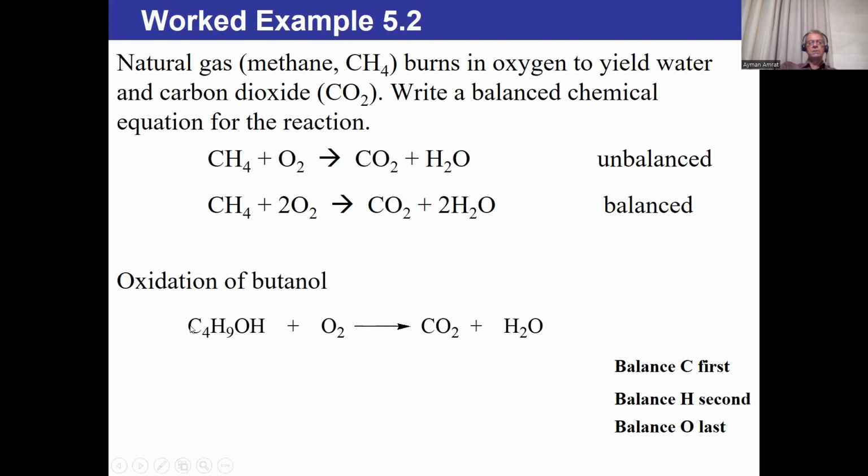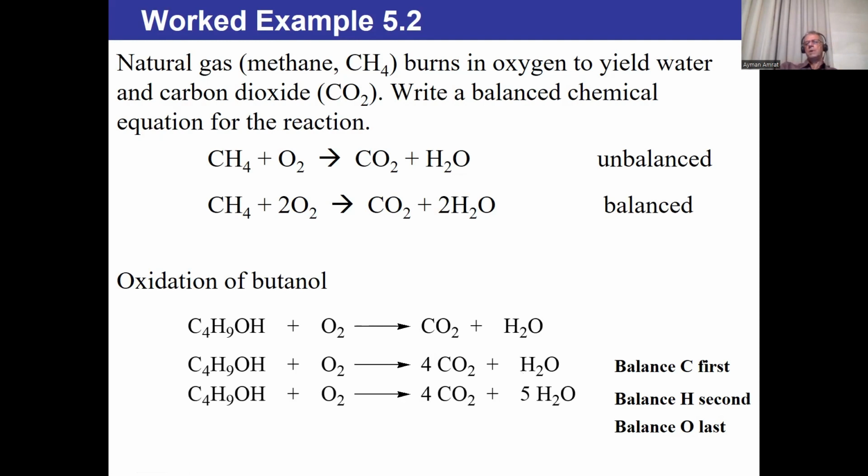Start balancing the carbon by multiplying the carbon dioxide by 4, first step. Then balance the hydrogen: multiply the water molecules by coefficient 5 to balance the hydrogen. Finally, balance the oxygen: count the number of oxygens on the left side and compare with the right side.